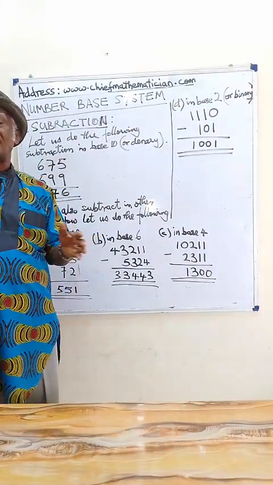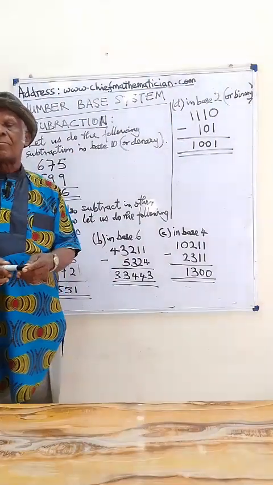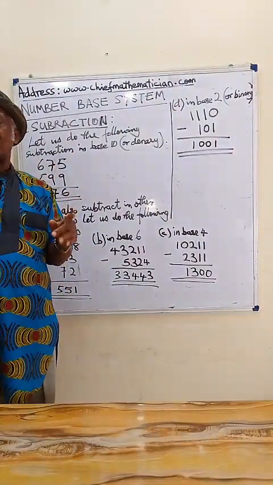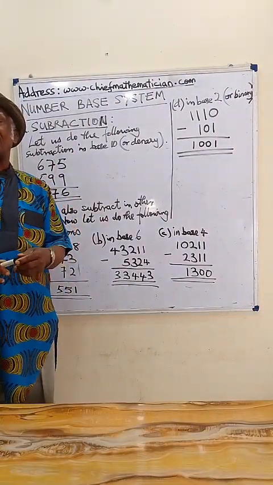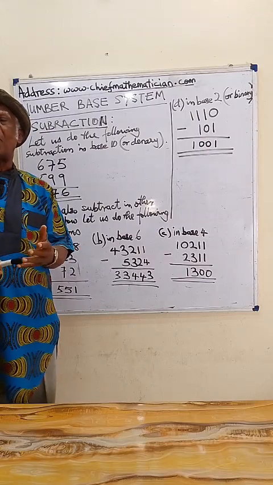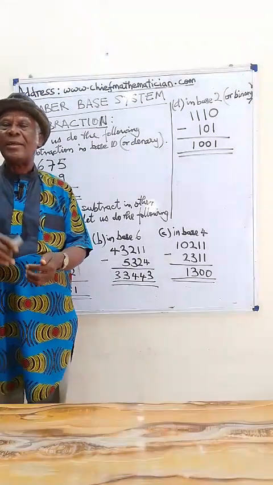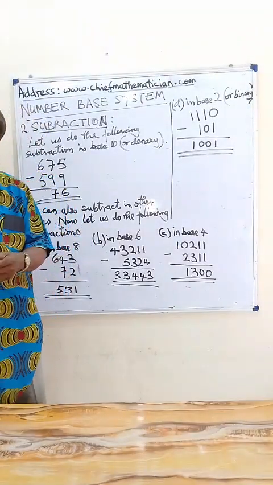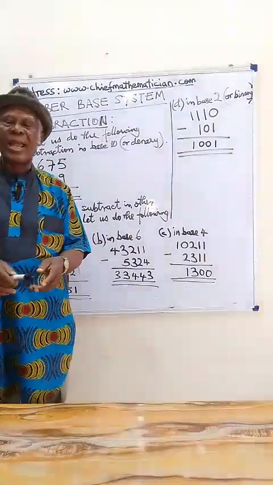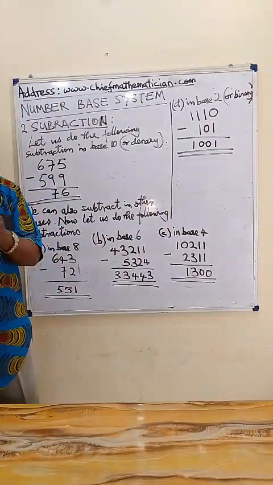If you are considering base 10, the digits you can get in any number in base 10 are 0, 1, 2, 3, 4, 5, 6, 7, 8, 9.